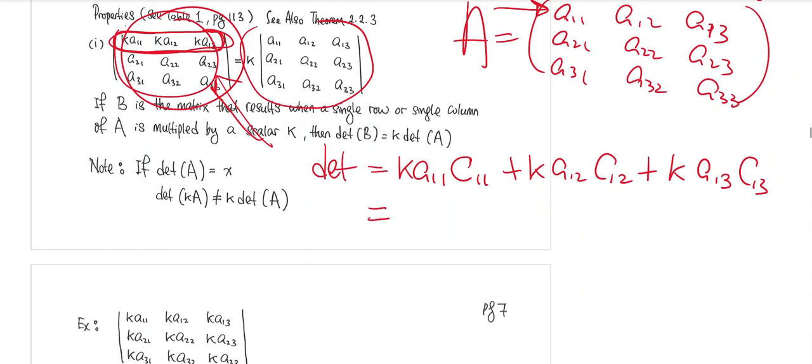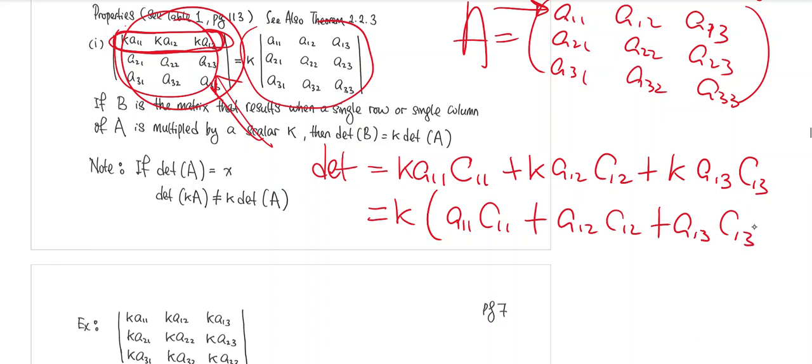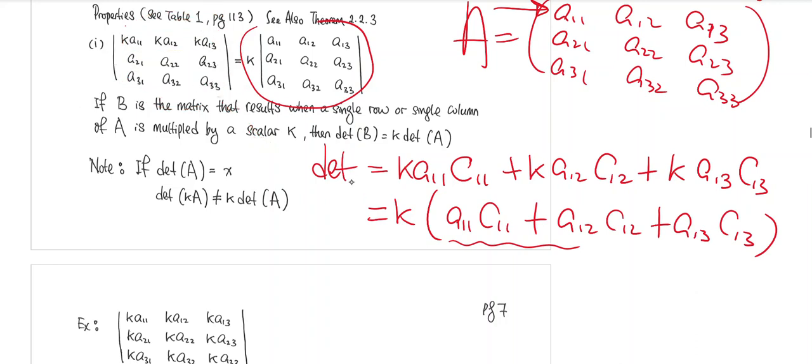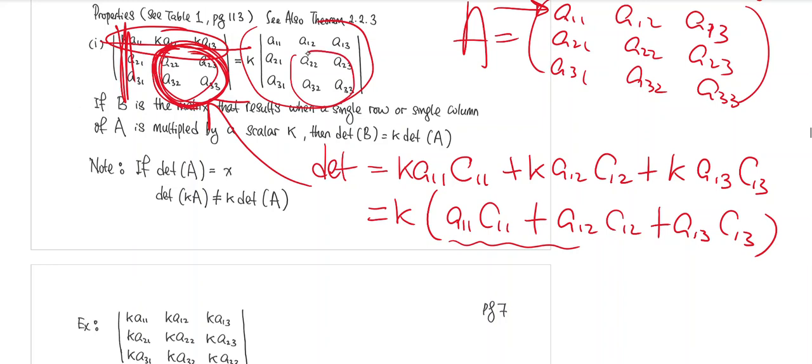So you can factor out a K, and then you have A11 C11, and then A12 C12, and then A13 C13. And how do you get C11? Because you are expanding along this first row, your C11 will be this cofactor, obtained by computing the determinant of this submatrix, together with the sign. So you get a C11, which is exactly the same as this C11.